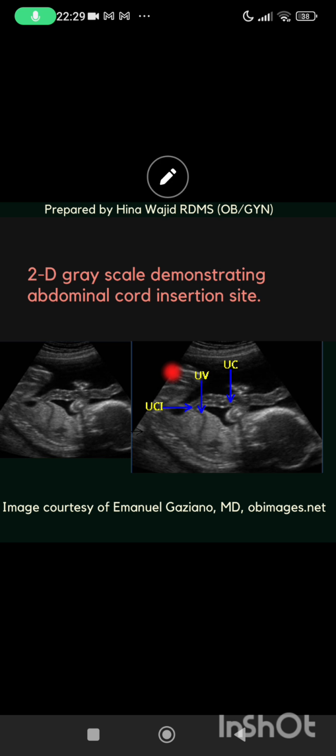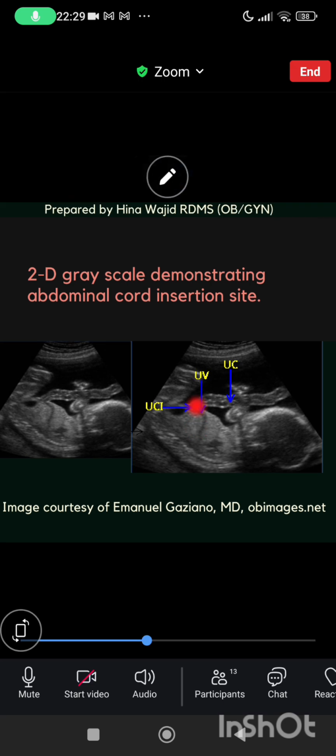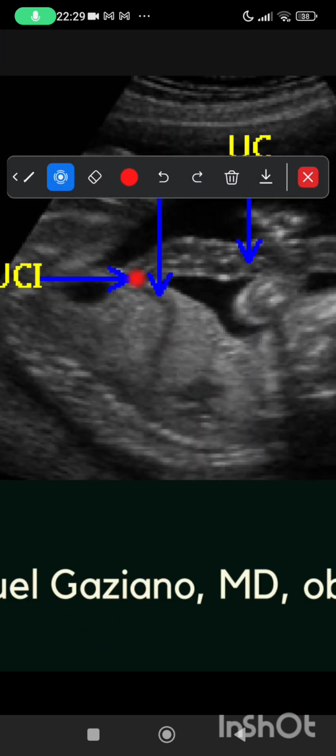Okay, so here we can see the umbilical cord insertion site at the level of the fetal abdomen. And we can see here at the cord insertion site, it gives a vessel. Here we can see a vessel entering the fetal liver. What is the name of this vessel?